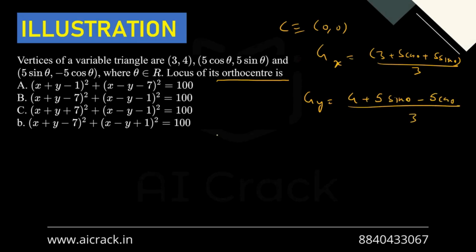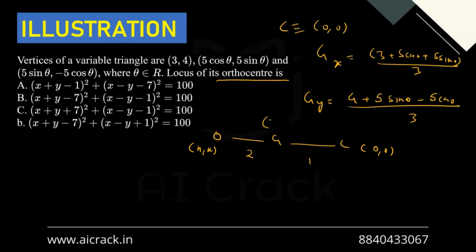Now let's use the condition O, G, and C. This is 2 and this is 1. So basically G divides the ratio 2:1. Now O is basically (h, k), because that is the variable point we consider for finding the locus, and C is (0, 0). Based on these 2 points, we can find Gx and Gy.